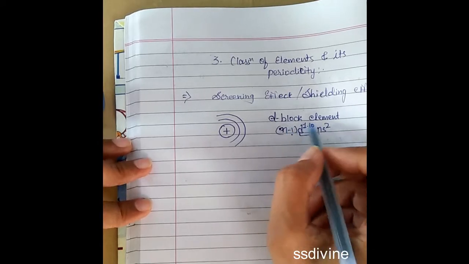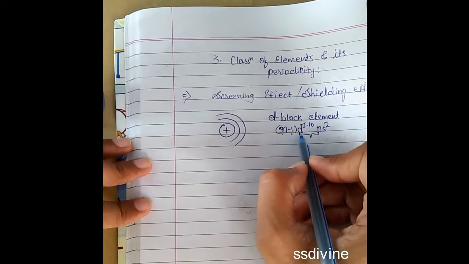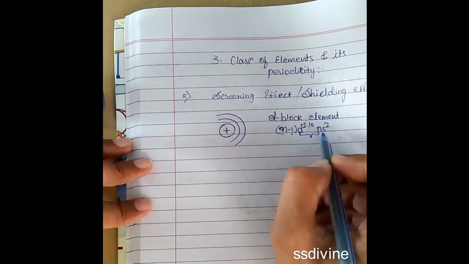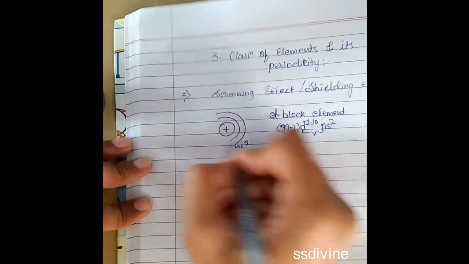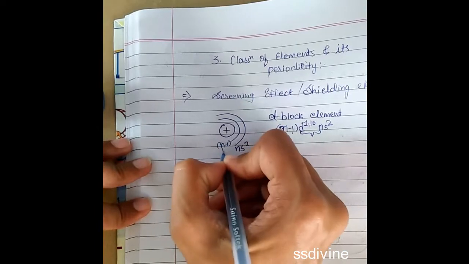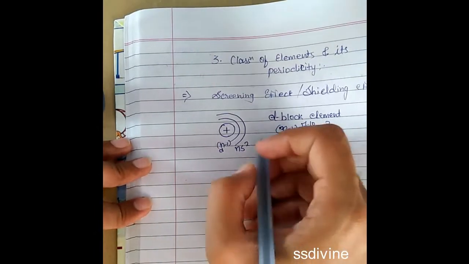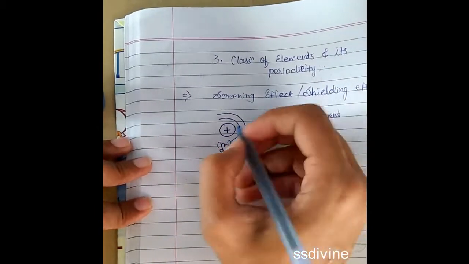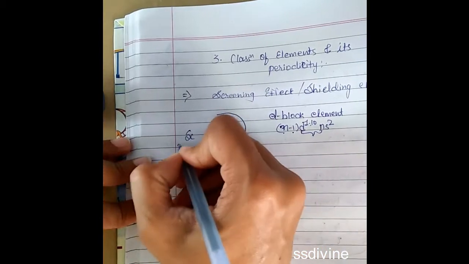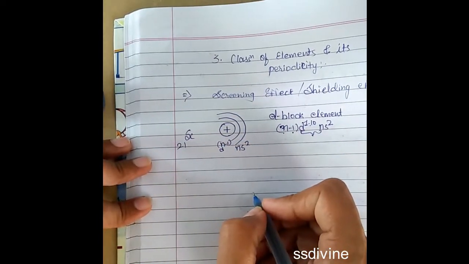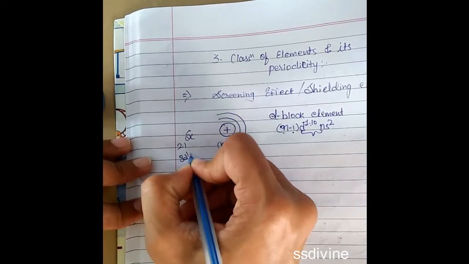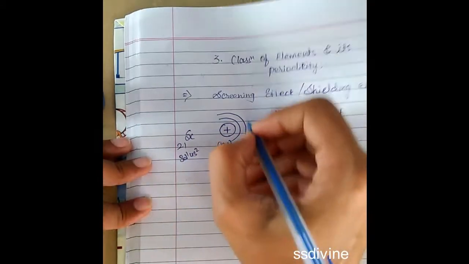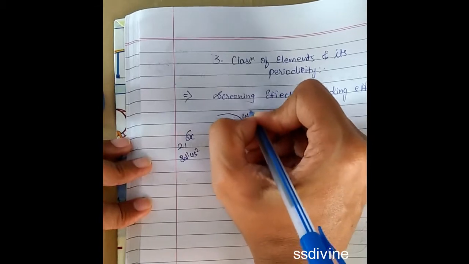This is your ns2 and this is your (n-1)d. When I am talking about scandium, the atomic number of scandium is 21 and the electronic configuration of scandium is 3d1 4s2. So suppose this is your 4s2.